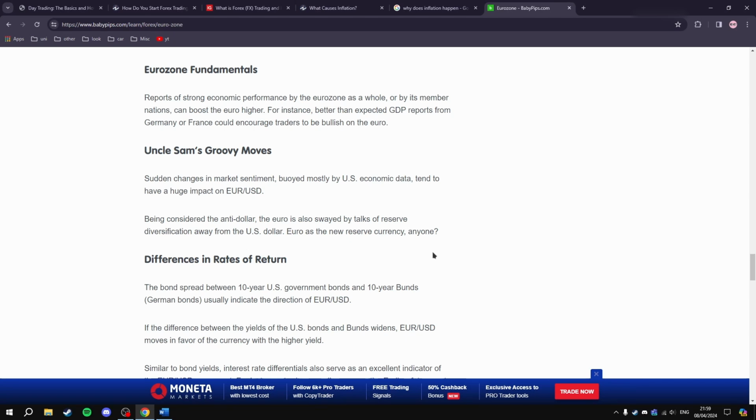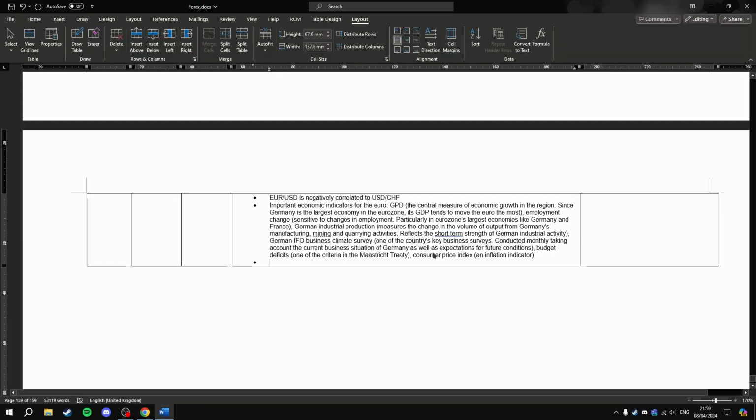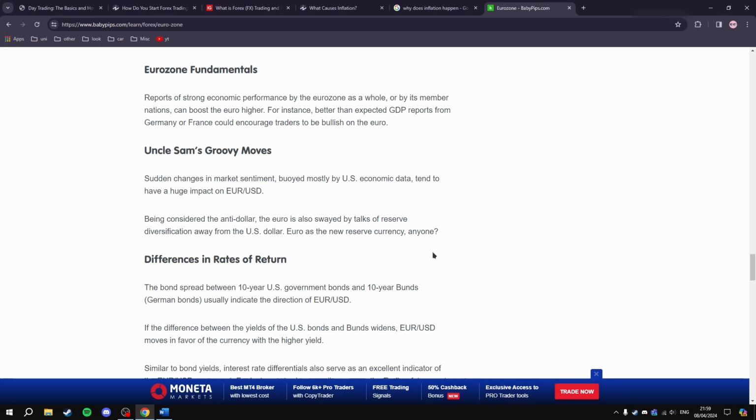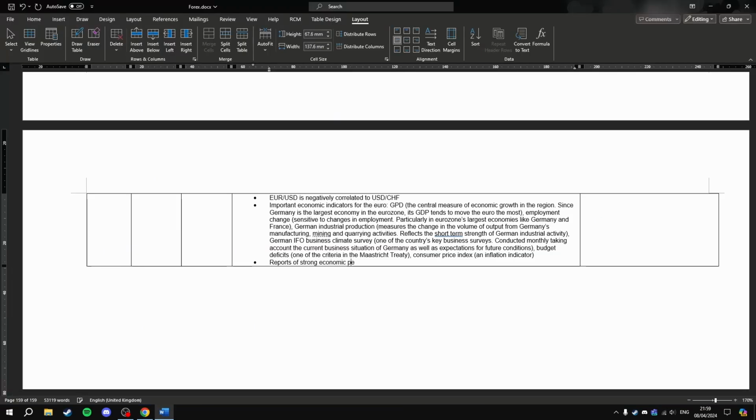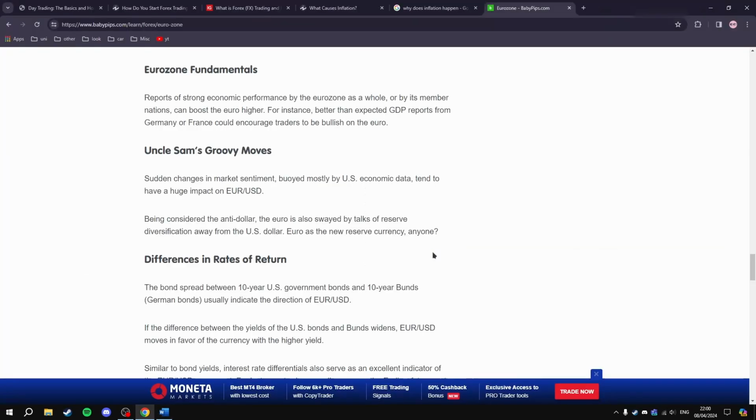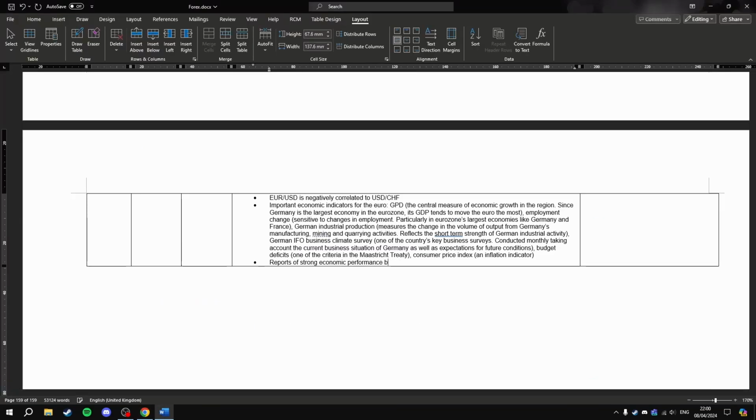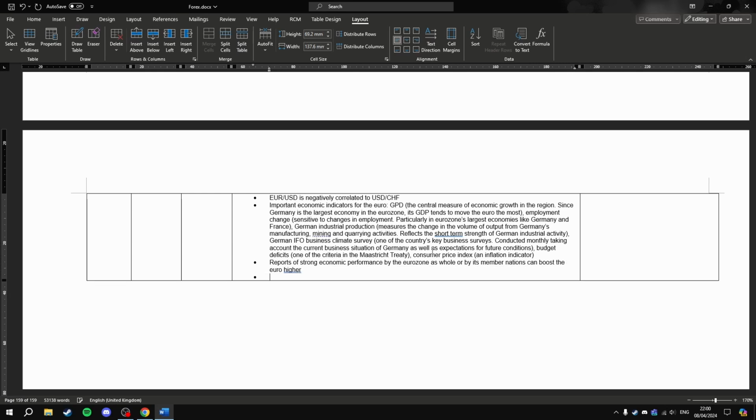For instance, better than expected GDP reports from Germany or France could encourage traders to be bullish on the euro.